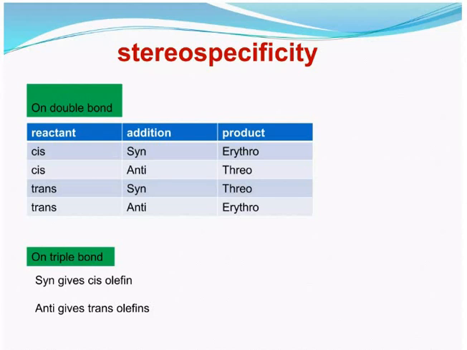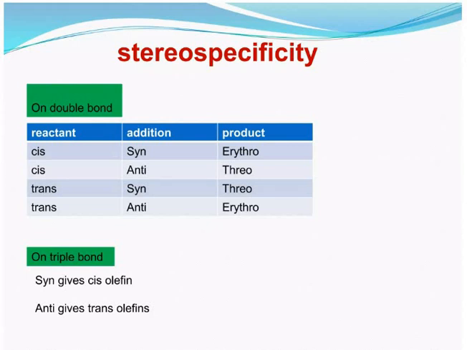Remember, cis reactant with syn addition, then you will get erythro. Cis, anti, then threo. Trans, syn, threo. Trans, anti, erythro. So syn erythro, trans anti erythro, cis anti and trans syn is threo.